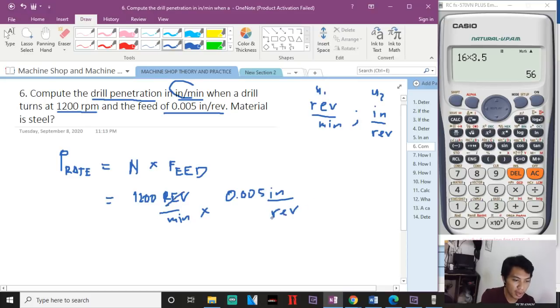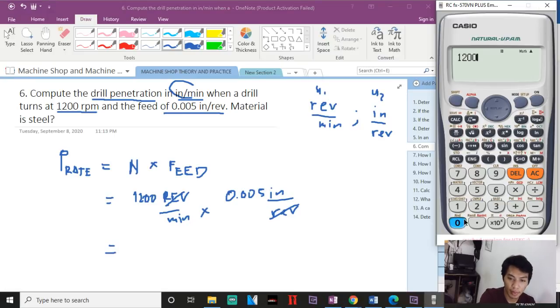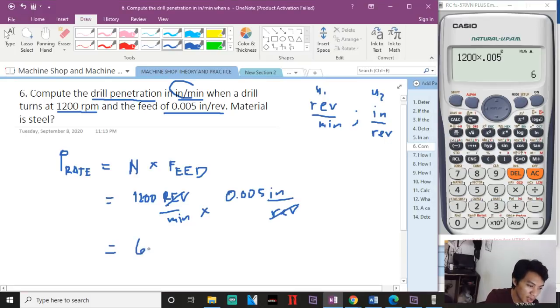Cancel the same units. Ang lalabas is the required unit. So, 1,200 times 0.005. 6 inch per minute ang kanyang penetration rate. 6 inch per minute. Ayos ba?